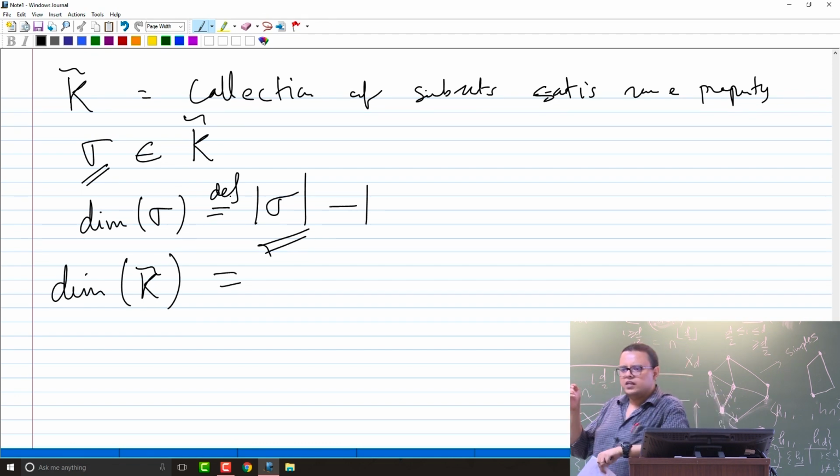There, how did we define the dimension? For the geometric simplex, we said number of vertices minus 1. I could have defined that dimension in a slightly different way also. Let us say I take a valid geometric simplex. The dimension of the geometric simplex will be the minimum dimension of the affine space that contains this simplex. These are two different definitions, right.